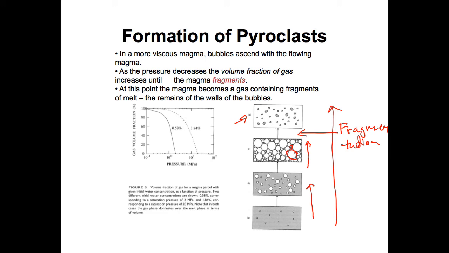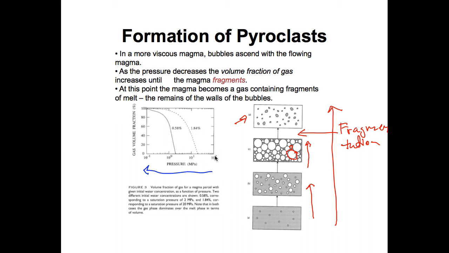This diagram over on the left-hand side is showing pressure on a logarithmic scale going from high pressure to low pressure that way. And on this axis is the volume fraction of gas from 0% all the way up to 100%. We show that for two different concentrations of water in the magma. So let's look at 1.84%.